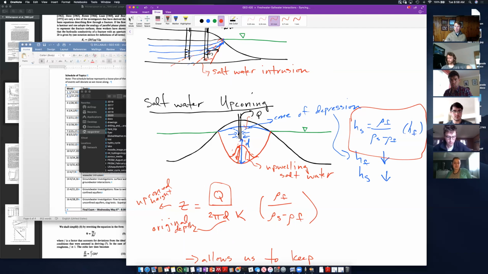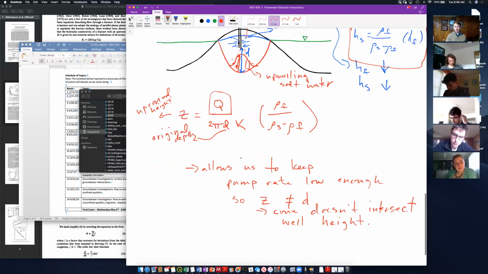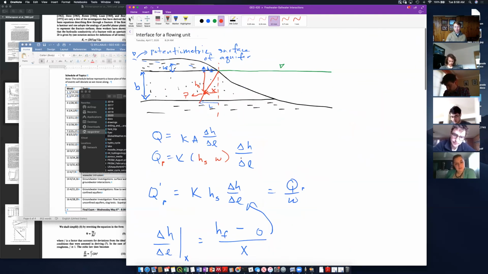Basically, at that fracture spacing, the matrix permeability or conductivity and the effective conductivity were much closer to each other. So any other questions about saltwater, freshwater interactions?